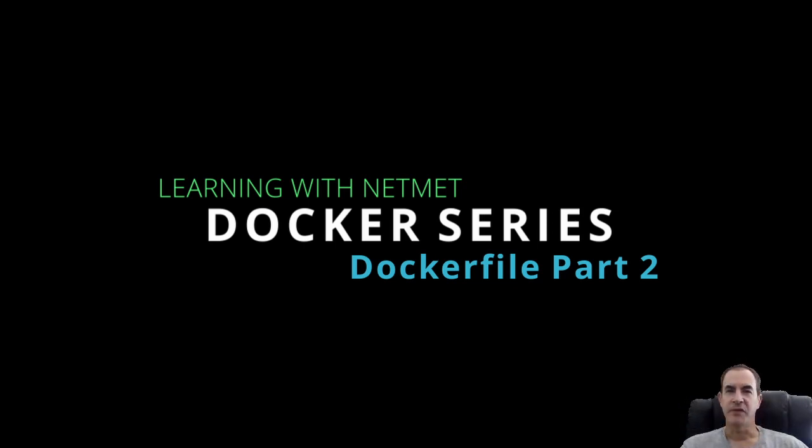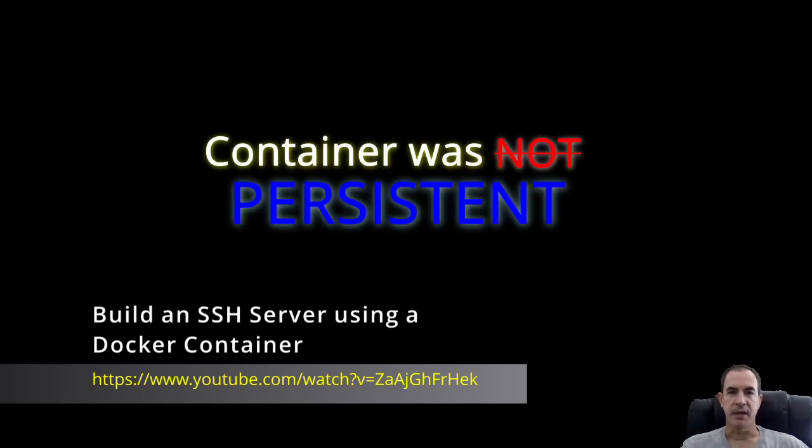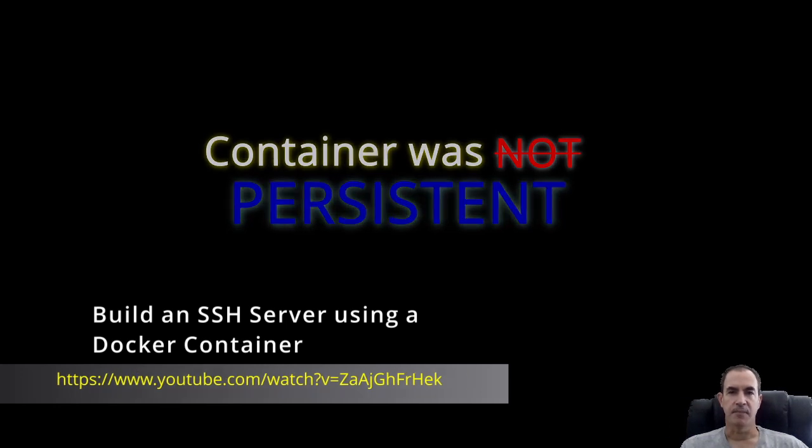In one of my previous videos, we created an SSH server inside of a Docker container, and then we were able to connect to that SSH server from our host system. There was one small problem, and that was that the container was not persistent. We built everything inside the container on the fly in order to learn how to do it. But when we destroyed that container, we lost everything.